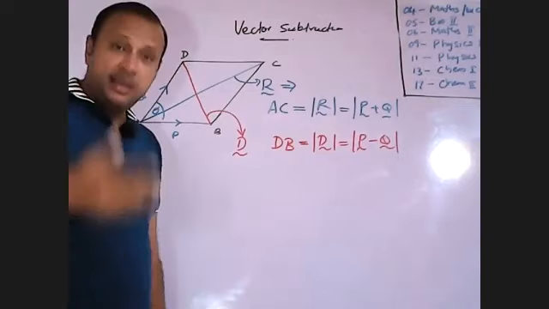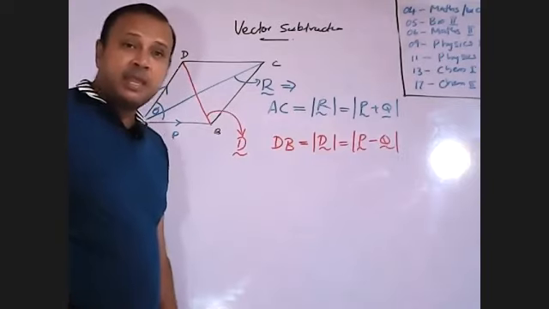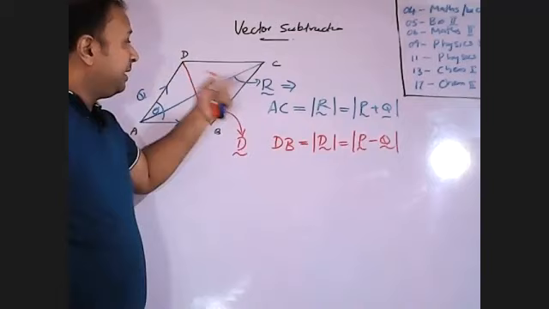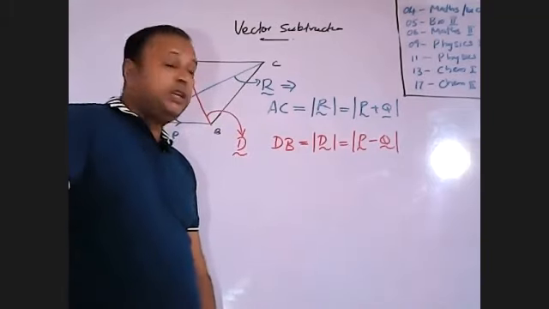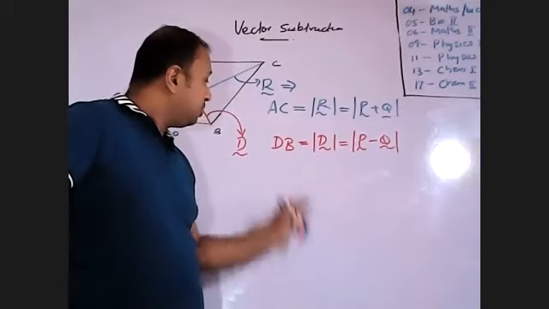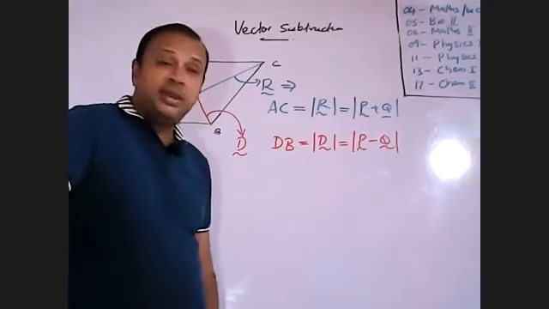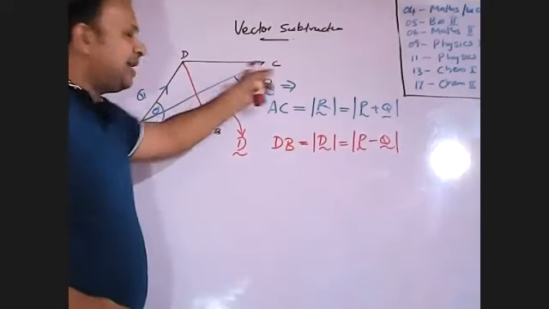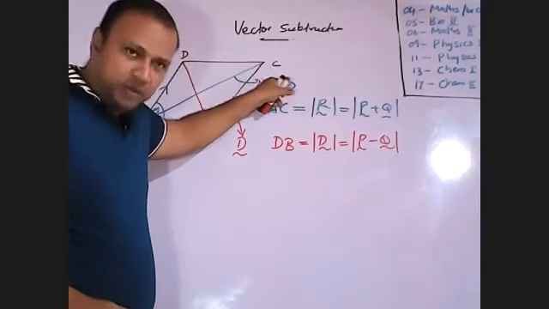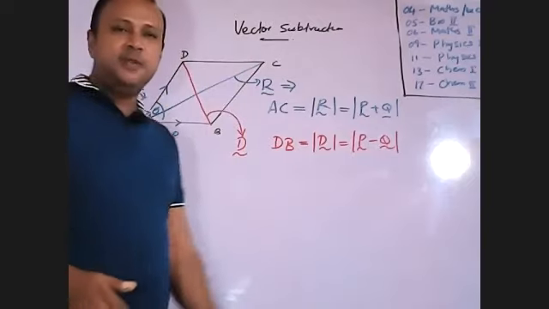Then suppose they say P plus Q vector is the perpendicular bisector of the P minus Q vector, then that means this AC diagonal is the perpendicular bisector of DB.